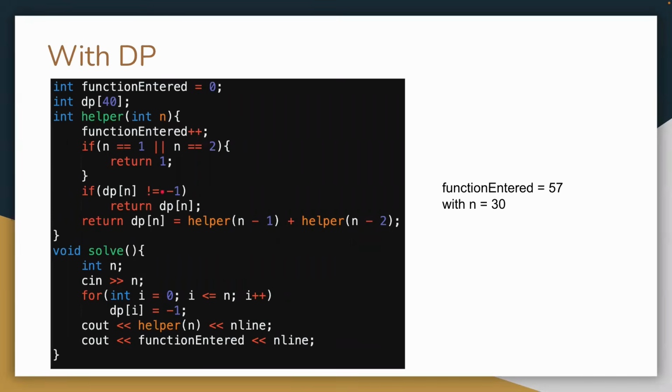What have we done here in terms of memoization? We're not calling the function every time now. We are only calling it when a particular value hasn't been calculated before. So now can you see the number of times the function has been entered? Is this number small or is this large?